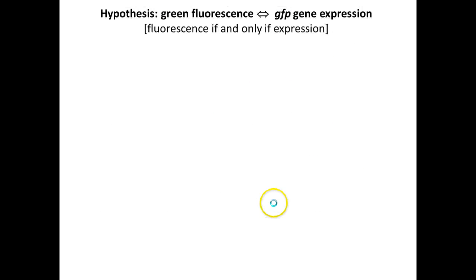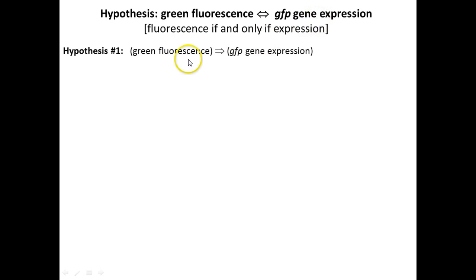Okay, all right. So what's the question we're asking here today? The question is green fluorescence, right? And you're only going to see that if the gene is expressed, not if they have the gene. It's if they actually express it, which means that they copy into messenger RNA and actually make the protein. So green fluorescence only happens if you have expression of that genetic information.